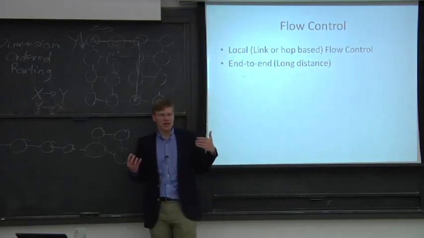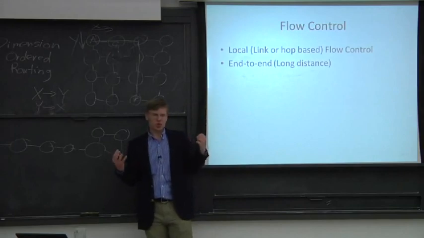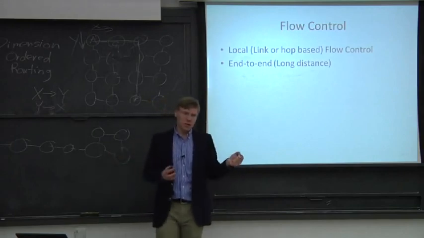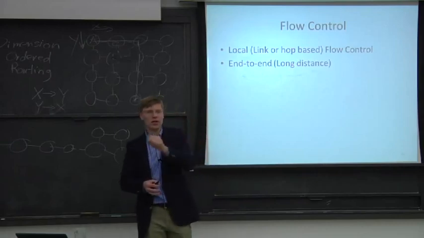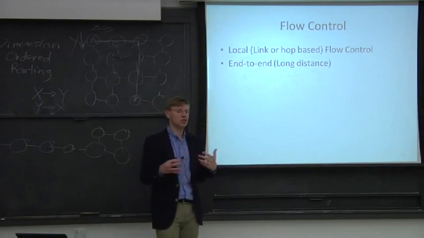So this is an end-to-end or long-distance flow control, but each of the hops along the network themselves may have localized flow control also, so you can actually layer these two things together.